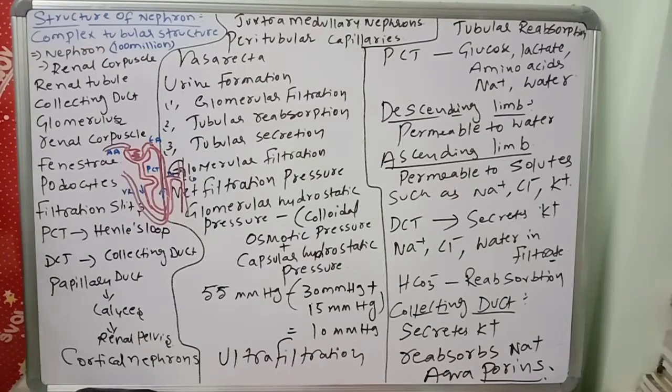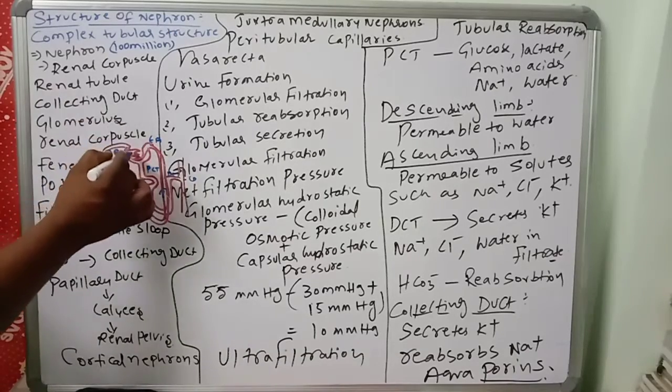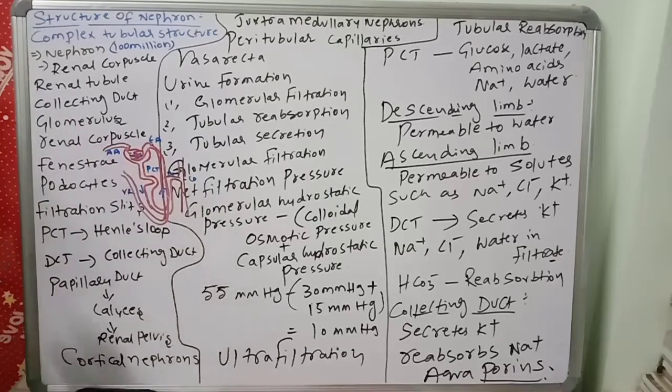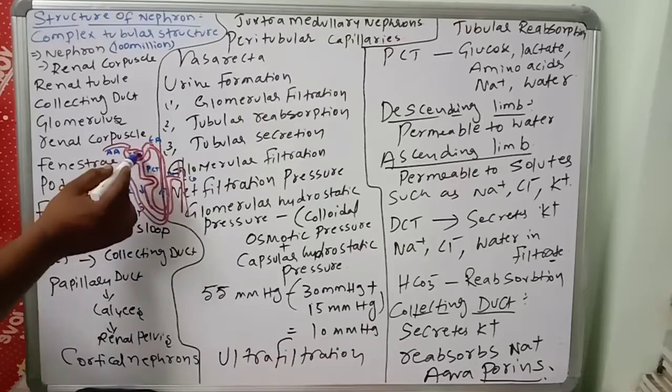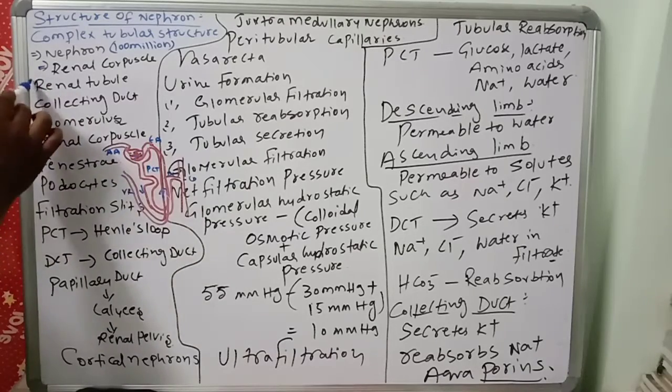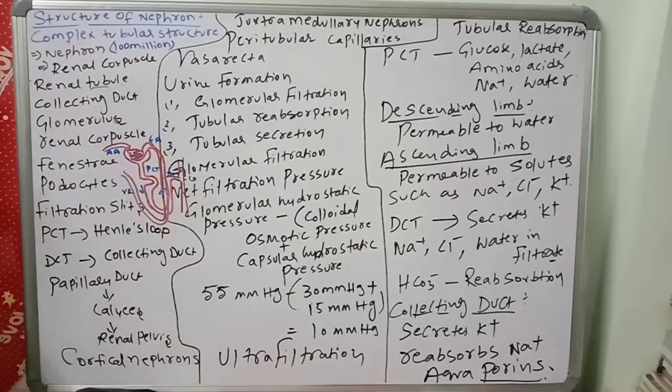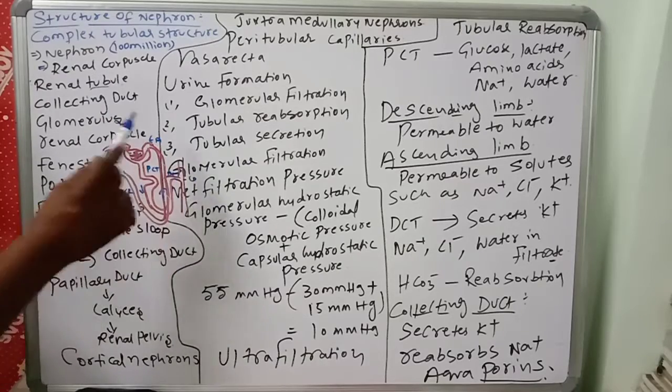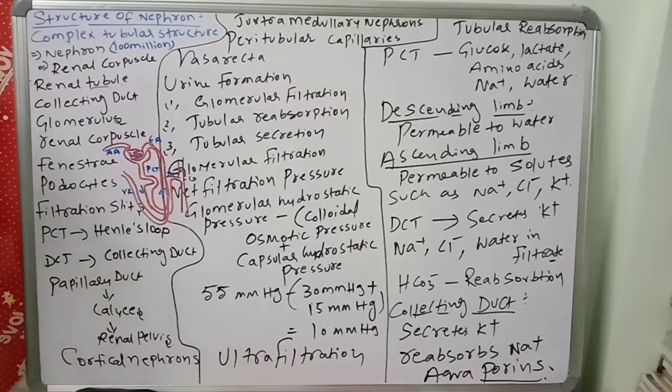Each nephron consists of a filtering corpuscle called the renal corpuscle, the Malpighian body. The Malpighian body and glomerulus together are called the renal corpuscle, and the remaining tube is called the renal tubule. The renal tubule opens into a longer tubule called the collecting duct.